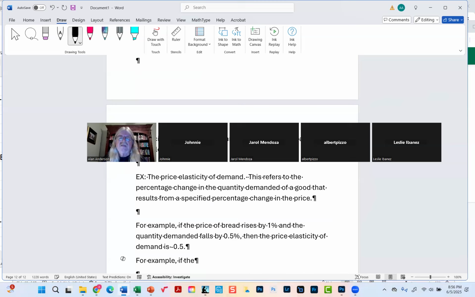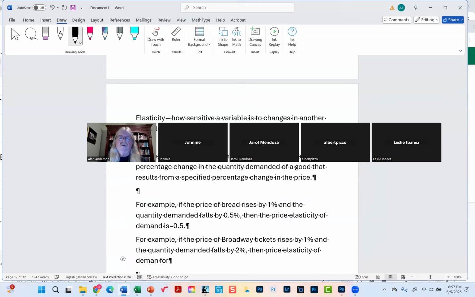But on the other hand, if the price of, let's say, Broadway tickets, oh, I like that because I think anyone realizes that's a luxury item, rises by 1% and the quantity demanded falls by 2%, then the price elasticity of demand is -2.